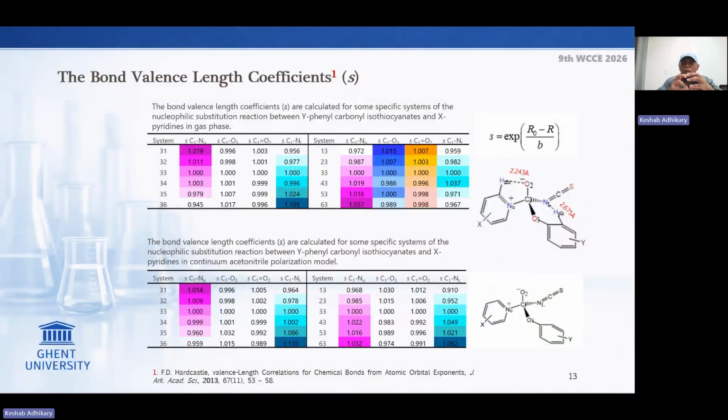That can be the reason for the tighter TS in this case. In the solvent model, equally, we can see that in the gas phase the leaving group leaves with the assistance of the Y substituent effect, and in the solvent model the polarization effect and the Y substituent play a role in the leaving group departure.